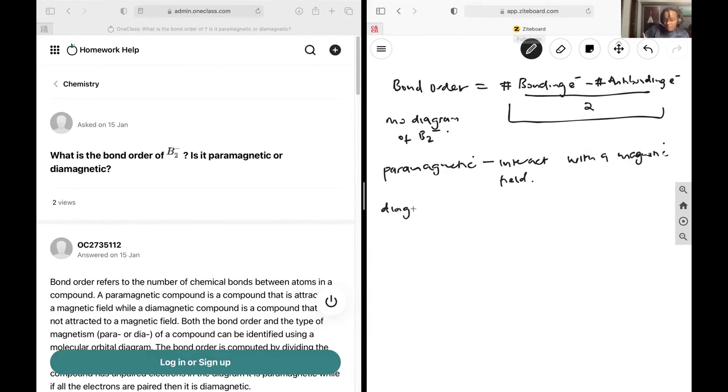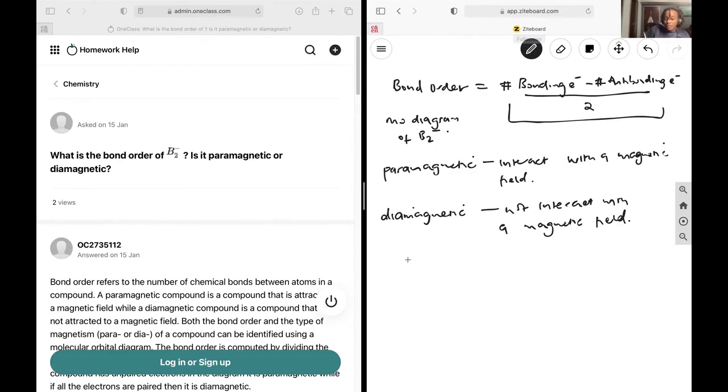Diamagnetic will of course be the opposite, and that means it will not interact with a magnetic field.